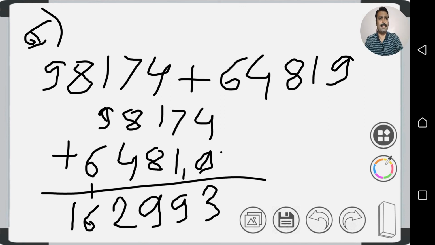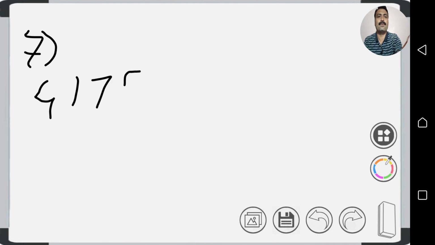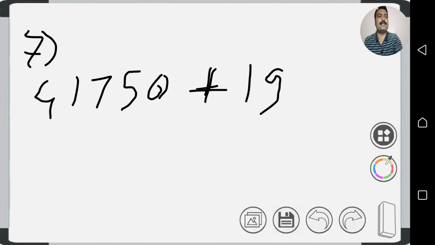So example number 7 that I am taking. Now these next 4 examples need to be solved in your classwork notebook. Here I am taking the 7th example, 41,750 plus 19,112.